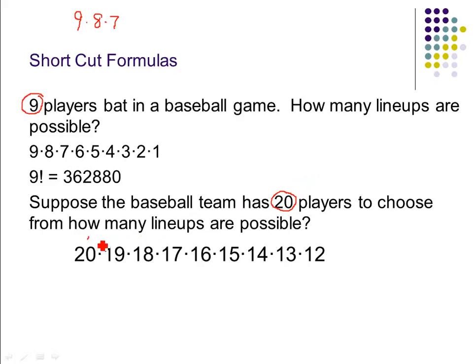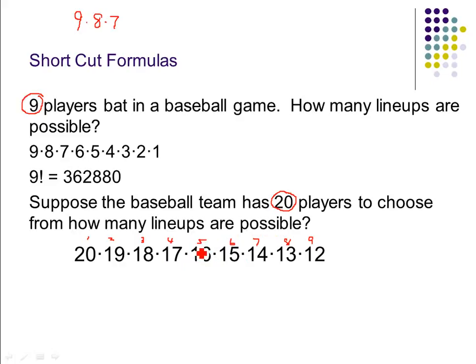So this is my first choice, my second, my third, my fourth, fifth, 6, 7, 8, 9. Certainly I would want to use a calculator for it, just keeping track of what you have.